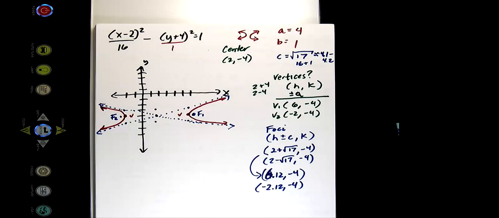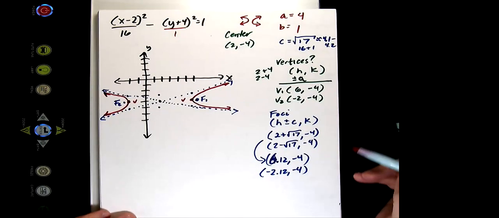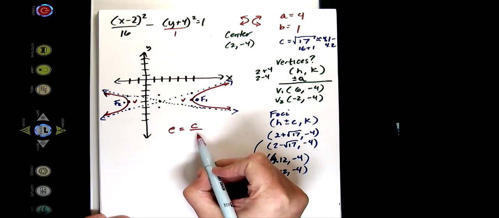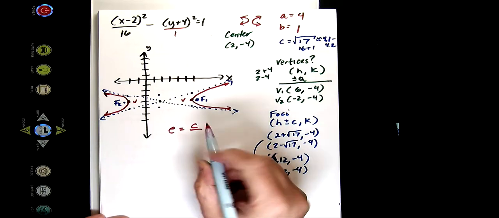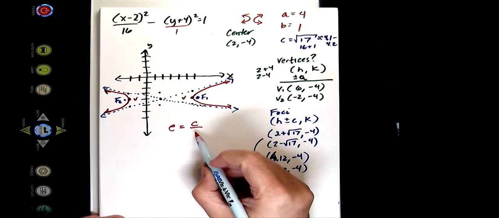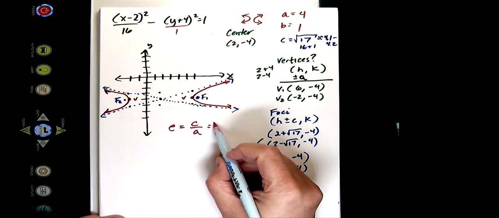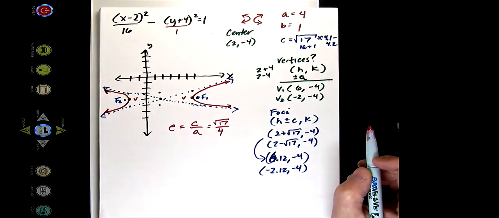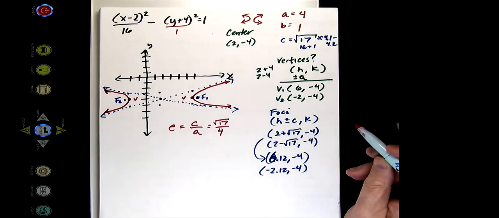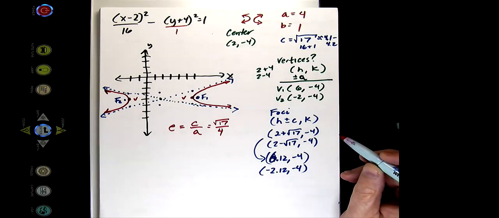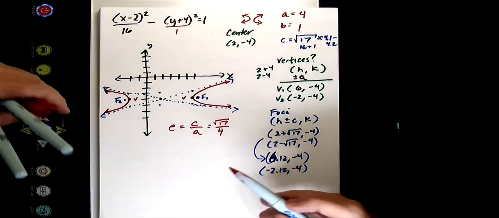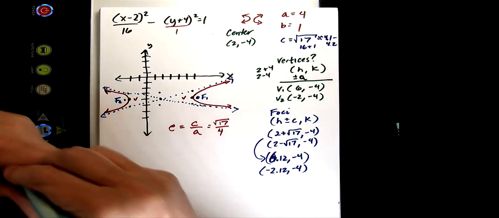What's the eccentricity here? Do I put it over A or over B? Over A. Which means it's square root of 17 over 4. What's the domain and the range?